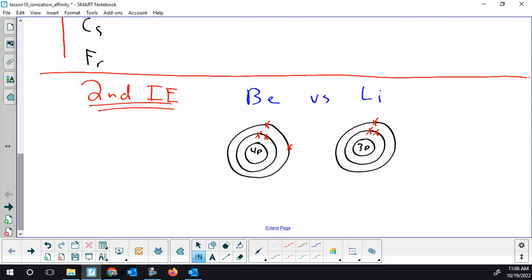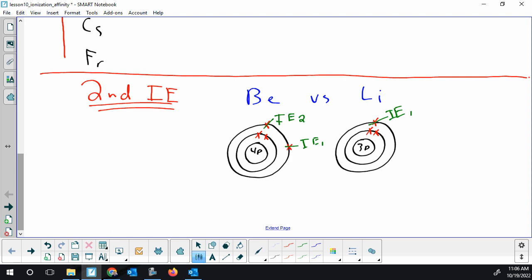Now we're asked to compare not the first, but the second ionization energy. The first ionization energy would be getting rid of the outermost electron. That's IE1. That's not what we're asked to talk about. We're going to look at IE2. So that one would be the ionization energy 2 for beryllium.